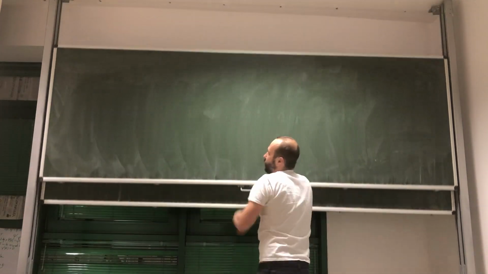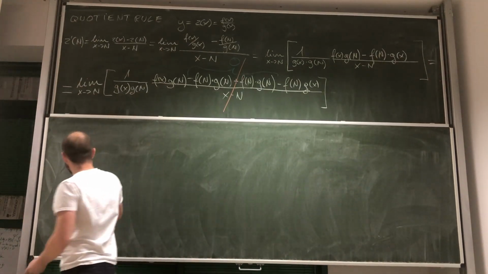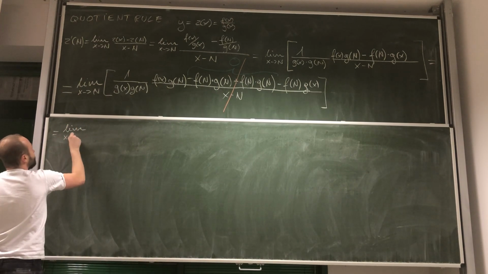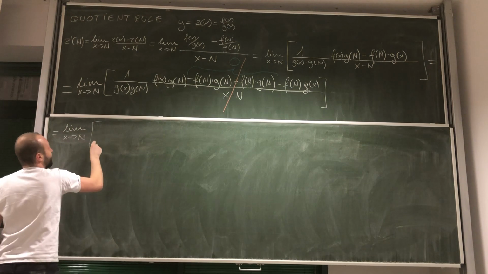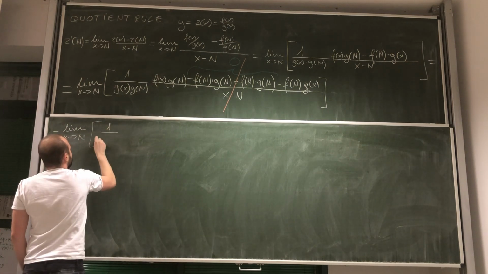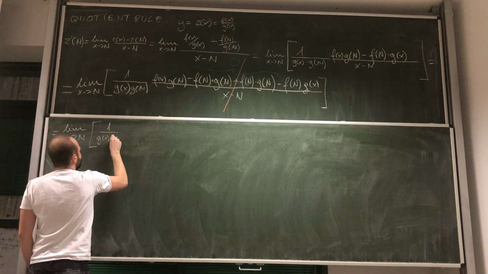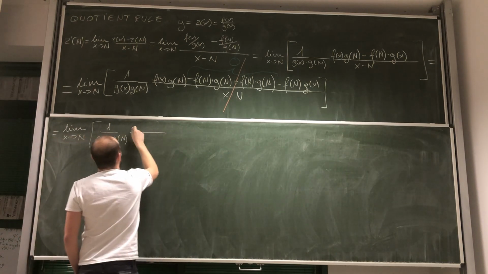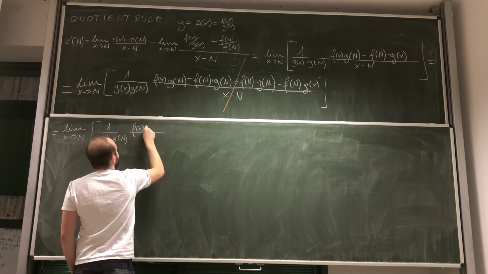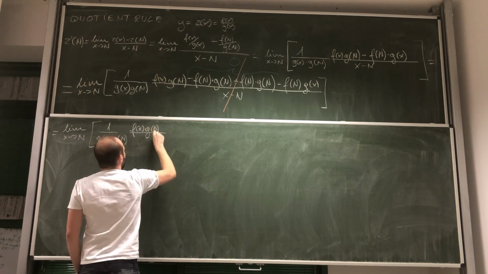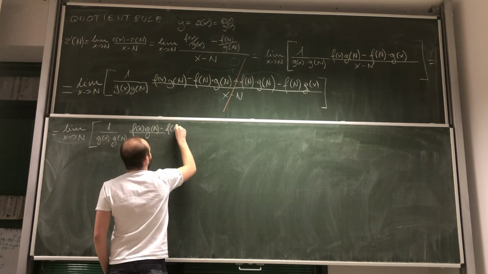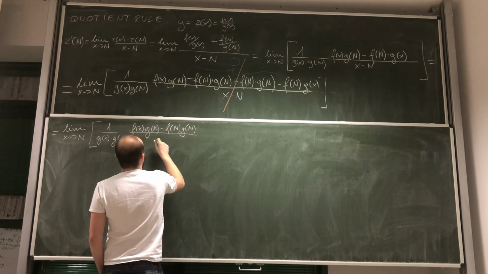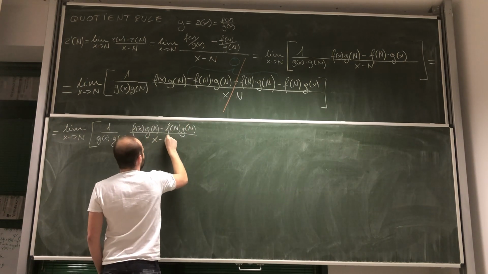So we're going to get that this is equal to the limit with x approaching n of 1 over g of x times g of n times f of x times g of n minus f of n times g of n, divided by x minus n.